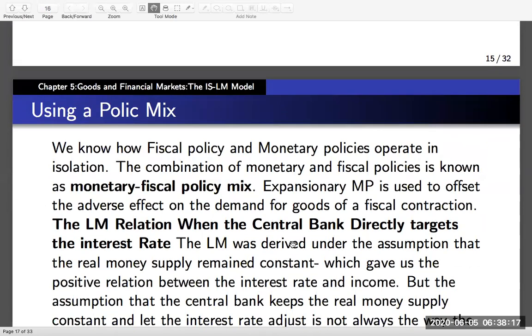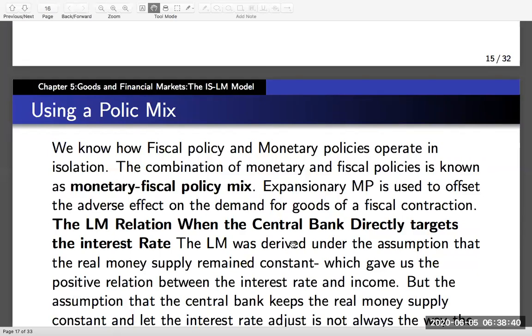Using a policy mix. When we talk about a policy mix, we merely mean that sometimes we want to increase output while keeping the interest rate lower. The government can increase government spending, which will cause the IS curve to shift to the right. At the same time, the central bank increases money supply, which will cause the LM curve to shift to the right as well.